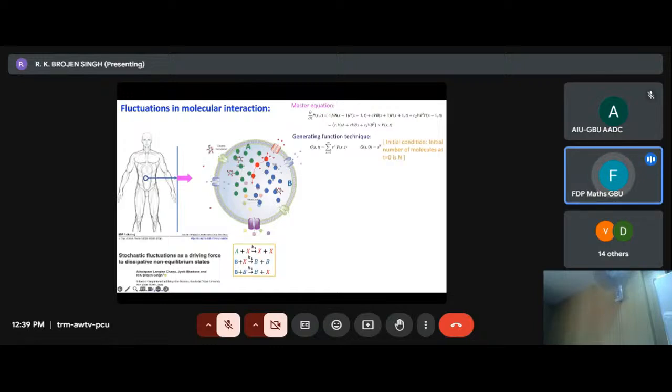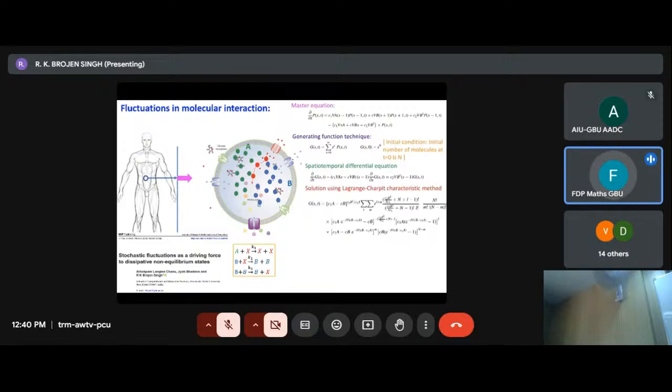And this matrix can be treated with the one-dimensional representation, and then you can solve it. It can be transported to G, and then this can be solved using the Lagrange bracket solving.